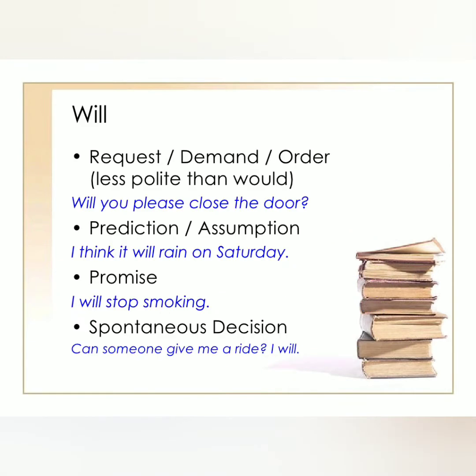If we go with the next one, it is called will, and for will we always use request, demand, order, and we keep one thing in mind that will is less polite and would is more polite. Just because of that, will is used for prediction as well. Will is also used for promise as well as spontaneous decision.